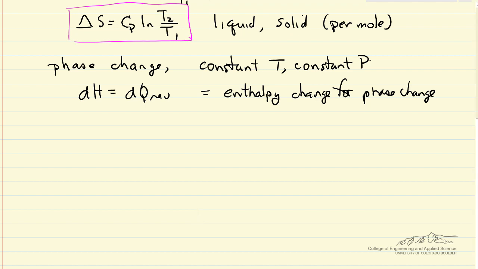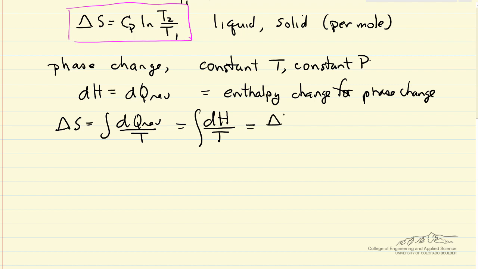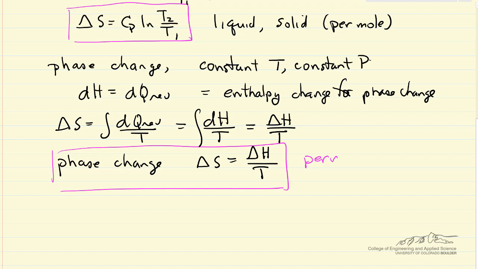So when I go back to my definition of dq reversible over T, for a phase change, dH over T integrated, T is a constant, so we get delta H over T. And so for a phase change, the entropy change, and again this is per mole, is the enthalpy change per mole divided by absolute temperature. Again, let's emphasize this is per mole.